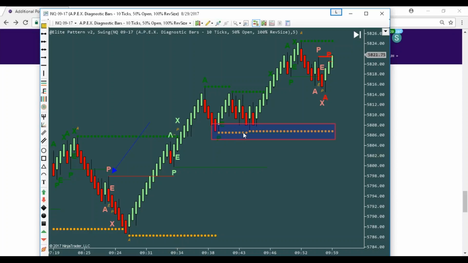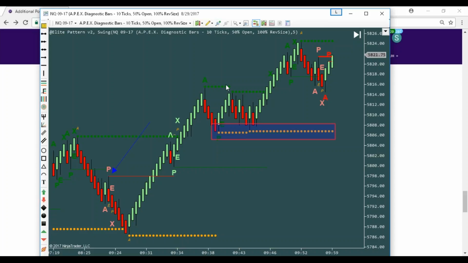Guys, anytime you have multiple levels, like when you've got a deviation line and a power line, or when you've got a mini magnet right close to a line, those are very powerful, okay?